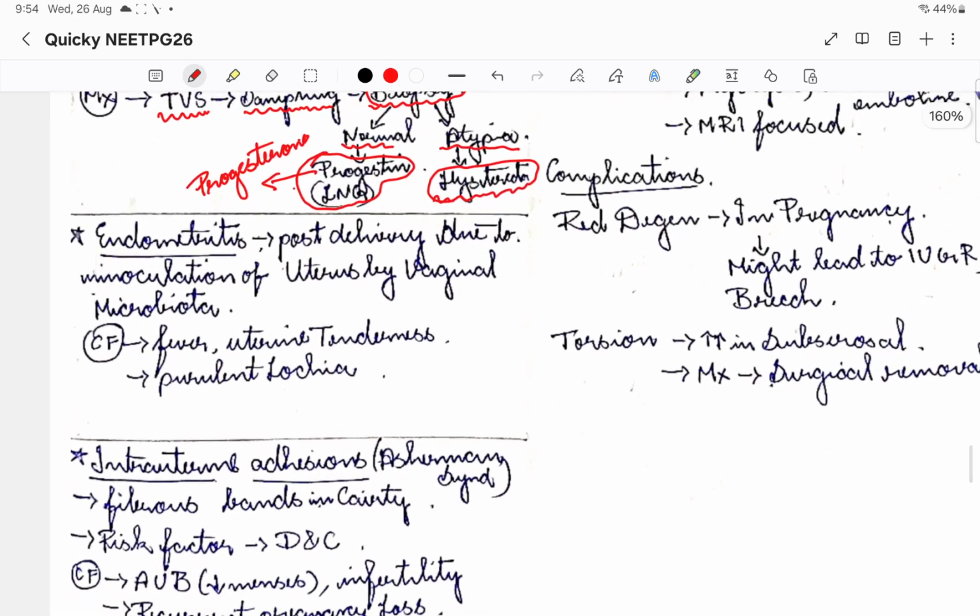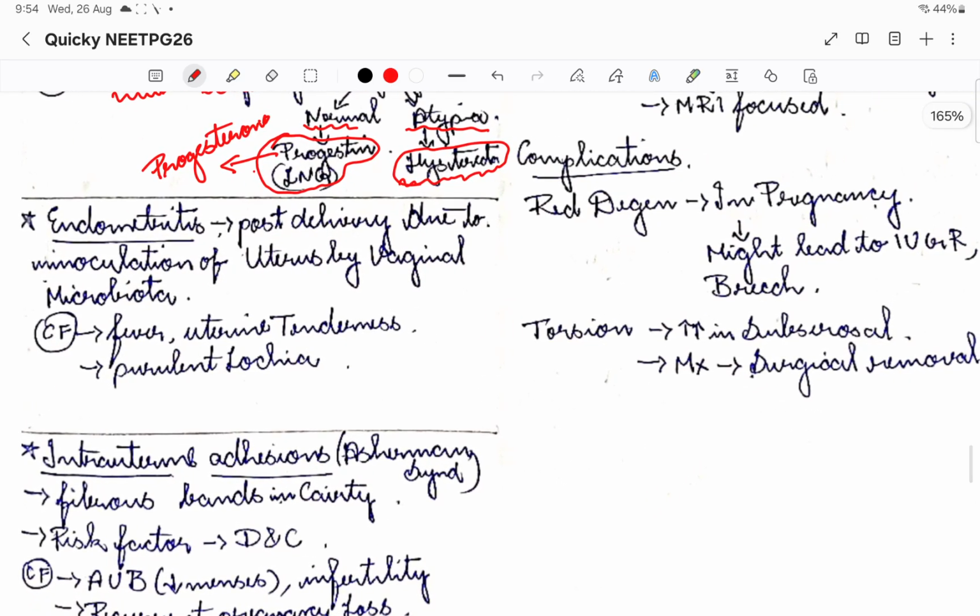Then coming to endometritis. Please note, this is endometritis, not endometriosis. Endometritis happens post delivery, if there is an infection in the uterus, an inoculation of the uterus by vaginal microbiota.